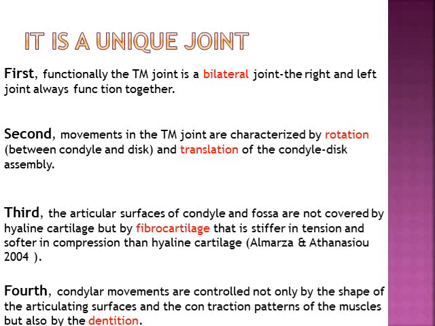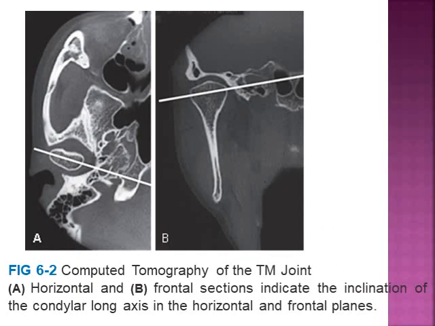Third, the articulating surfaces are covered by fibrocartilage, which is stiffer in tension and softer in compression than hyaline cartilage. Fourth, the condylar movements are controlled not only by the shape of the articulating surfaces and the contraction pattern of the muscles, but also by the dentition. This makes it a unique joint.